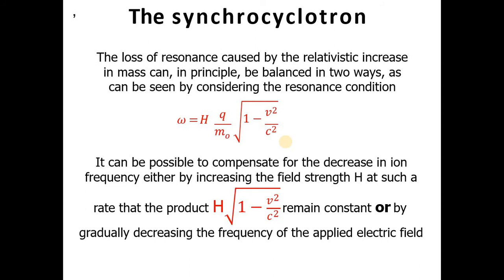Now let's talk about a subtype of the cyclotron, namely the synchrocyclotron. The loss of resonance caused by the relativistic increase in mass can, in principle, be balanced in two ways, as can be seen by considering the resonance condition. It is possible to compensate for the decrease in ion frequency either by increasing the field strength at such a rate that the product remains constant, or by gradually decreasing the frequency of the applied electric field.